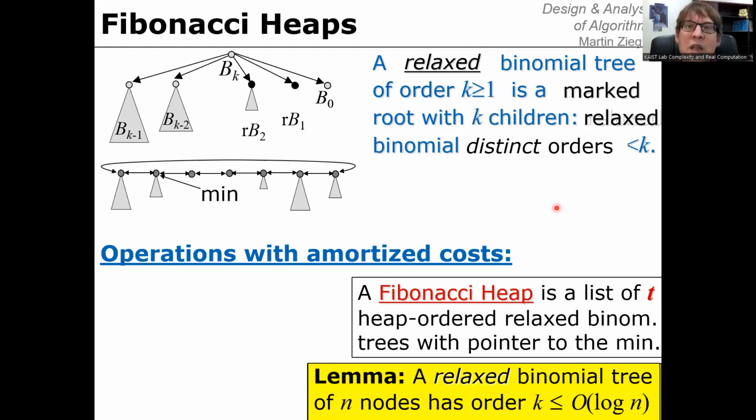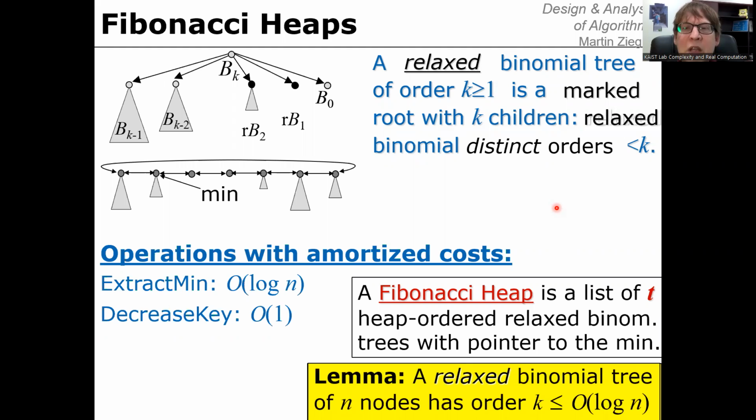And here you see the operations together with their amortized cost. And it turns out that almost every operation has constant amortized cost. Only the extract min key operation, that's one of the operations of a priority queue, has logarithmic amortized cost. Decrease key has constant amortized cost. Merge has constant amortized cost. Insert has constant amortized cost.